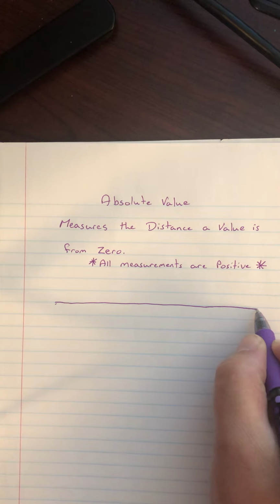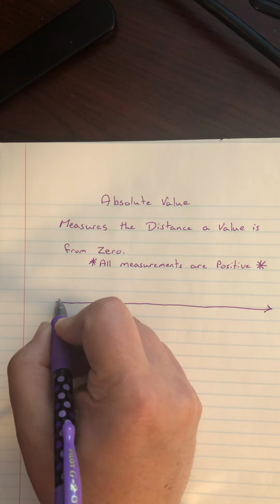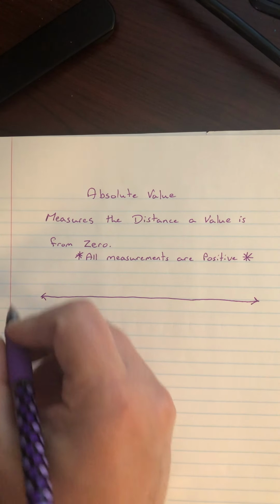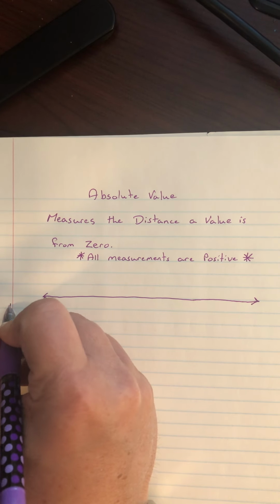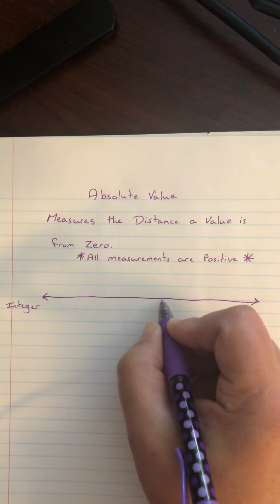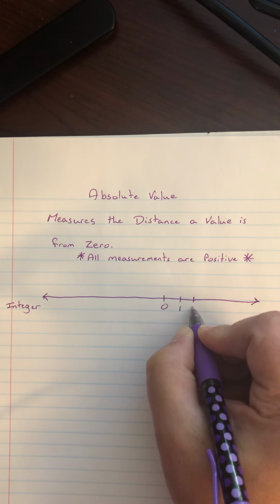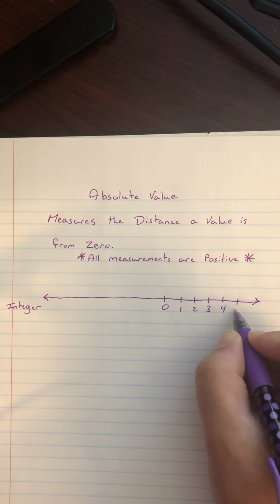And see if I can make sure I stay on the screen. Good for me. And on the bottom, I'm going to write the integers. So down here, I'm going to list the integers. So here's 0. And from elementary school, we have our positive numbers. They always go to the right.